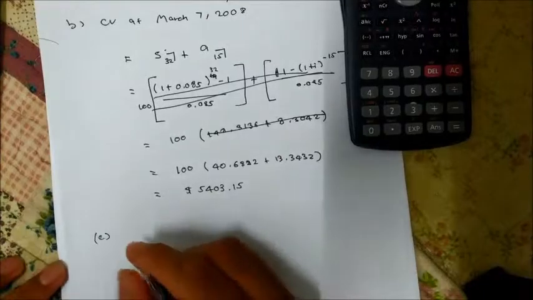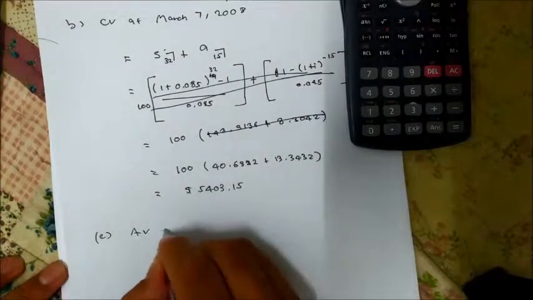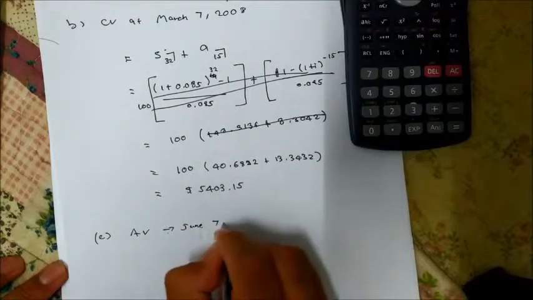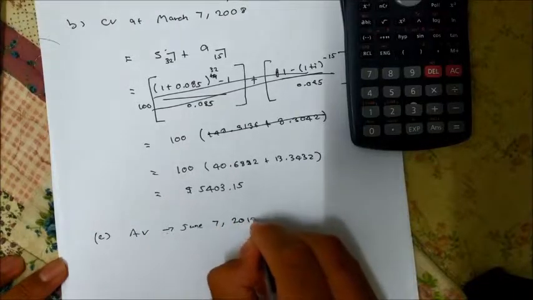For question C, the question asks for the accumulated value at June 7, 2012.